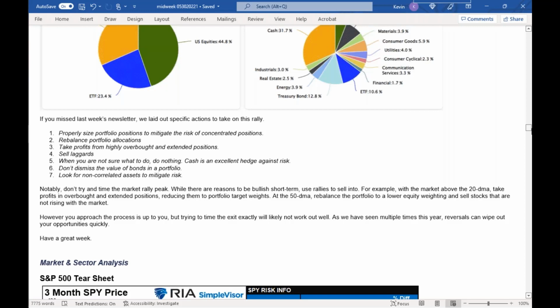I did like the idea, when you are not sure what to do, do nothing. Cash is an excellent hedge against risk. Don't dismiss the value of bonds in your portfolio. Well, I would definitely dismiss bonds in a portfolio. They have lost more in the market than the equity positions, and look for non-correlated assets to mitigate risk.